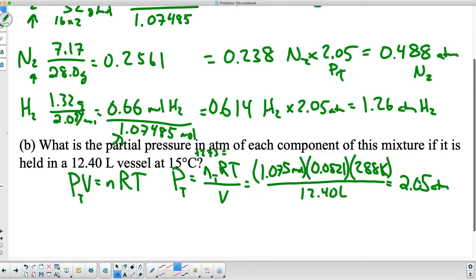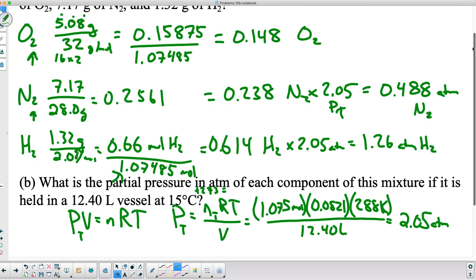Of N2, and then finally the last one, 0.148 times 2.05 equals there. So now I have the number of atmospheres of each one. So that actually is B. I'm going to stop there because I think this took long enough, and I'll put a part 2 up then.